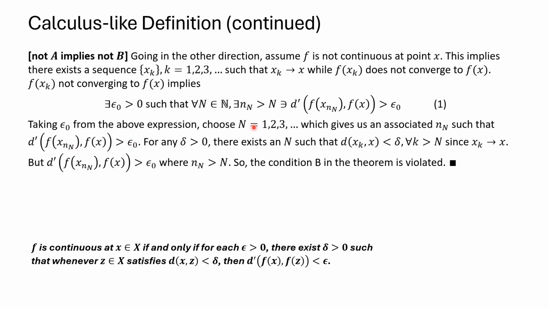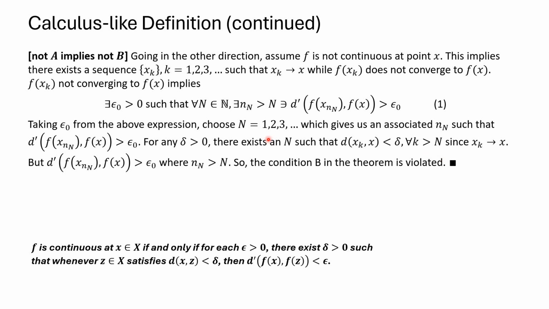So we have that for every possible natural number. So we take any delta greater than 0, then we know that there is some N such that the distance between x sub k and x is less than delta. That's just because x sub k converges to x, and this is less than delta for every k greater than N.